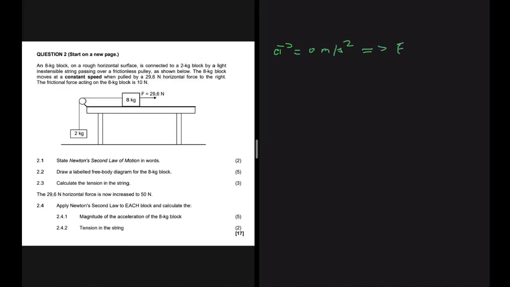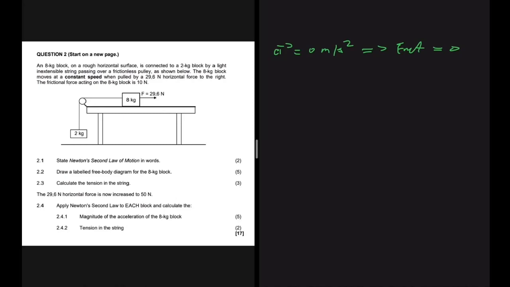So this implies that the F net acting is equal to 0. And then it goes on to say when pulled by a 29.6 Newton horizontal force to the right, the frictional force acting on the 8 kg block is 10 Newton.